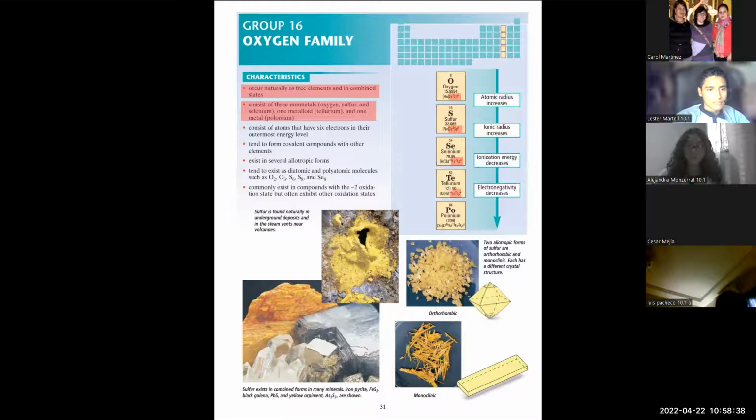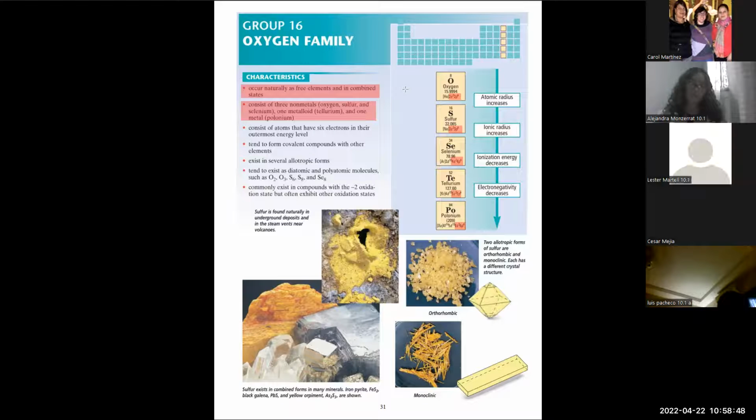Tellurium, 2 and 4, 6 electrons, and polonium, 2 and 4, 6 electrons. So you can see all of them share 6 electrons in the outermost energy level. If you don't trust me, I invite you to do all the electron configurations, and you will notice it.